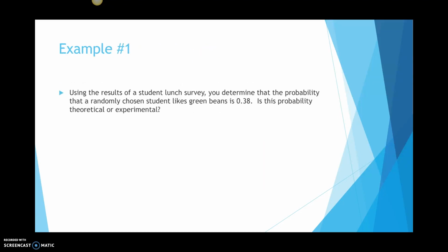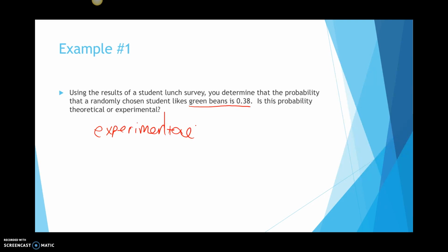Example number 1, it says, using the results of a student lunch survey, you determine that the probability that a randomly chosen student likes green beans is 0.38. So that's about 38%. Is this probability theoretical or experimental? Well, this situation is going to be experimental. Why?